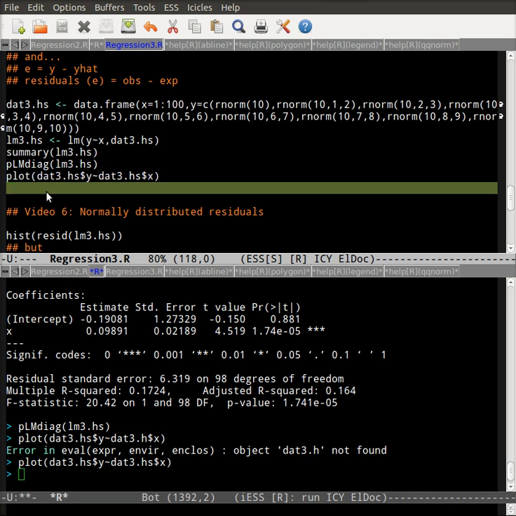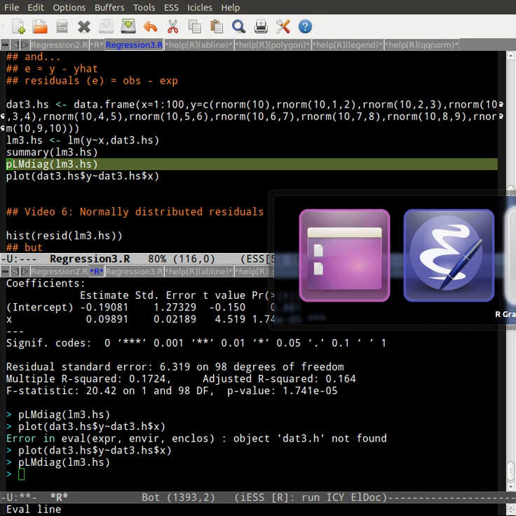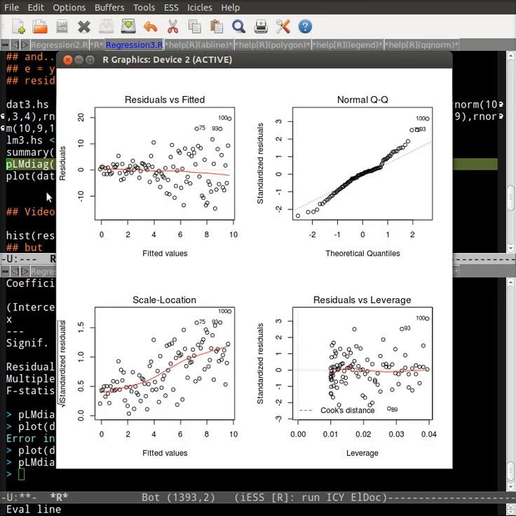And that fan-like spread is going to come out when we look at our regression diagnostics. So you can see here our residuals versus our fitted values. Look at what happens to this spread. The residuals, remember residuals are just observed minus expected y's, become more variable as we go up our fitted value range.